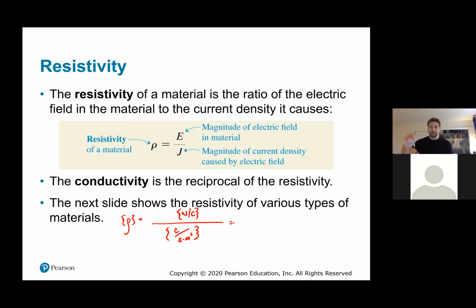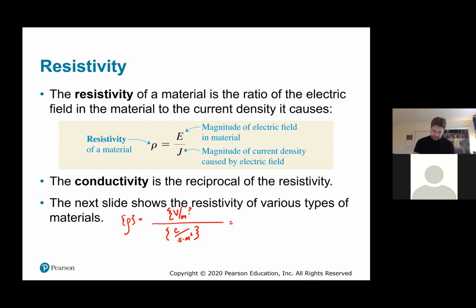Newtons per coulomb, but then we divide by coulombs again. That's not gonna work. That's gonna give us coulomb squared in the denominator. Maybe volts per meter? That's possible. Let's try volts per meter. I'm just trying to get some nice cancellations here.